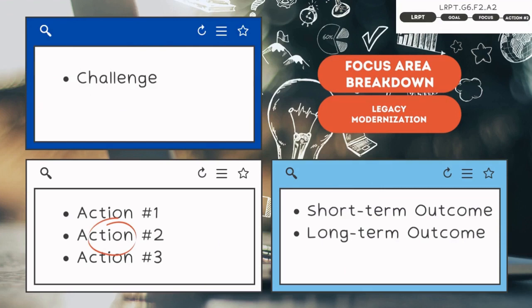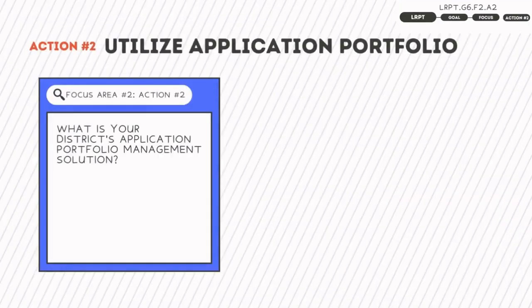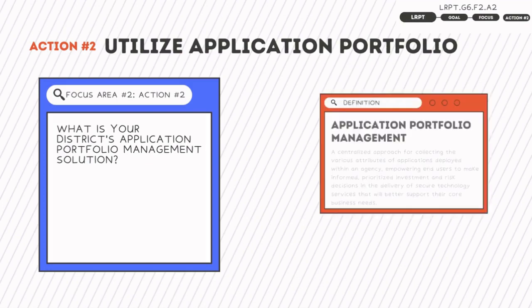Let's move on to action number 2. Monitoring legacy modernization means accurately inventorying applications and resources required to provide operational support of those applications over their lifetime.